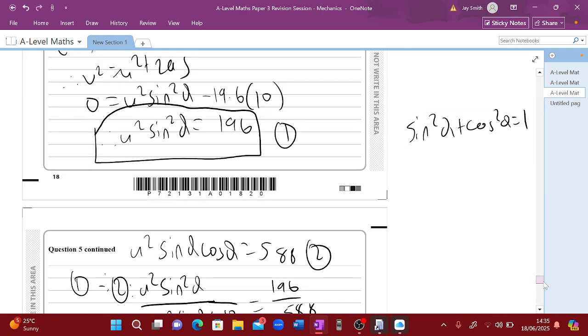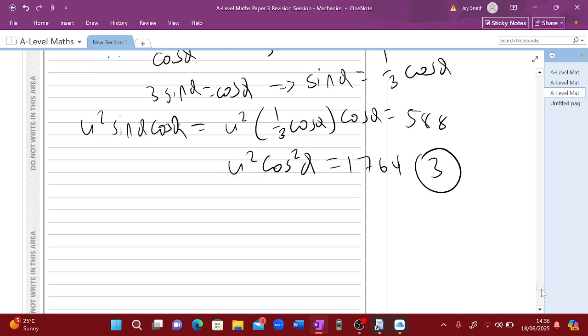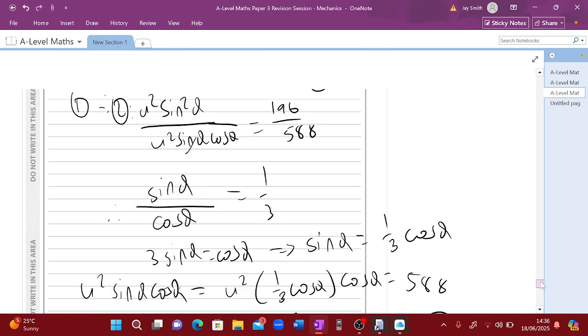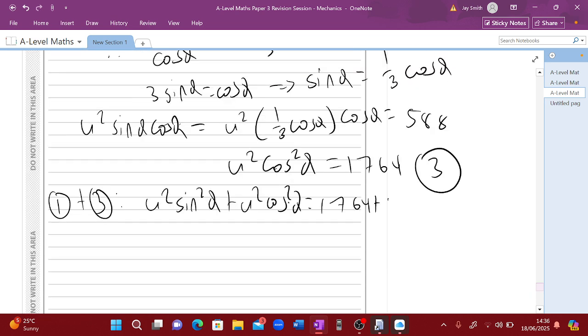Because then what I notice, equation 1, the u squared sine squared, if I add them, I get u squared sine squared alpha, add u squared cos squared alpha, is going to be 1764 add, what was equation 1? It equals 196, okay.